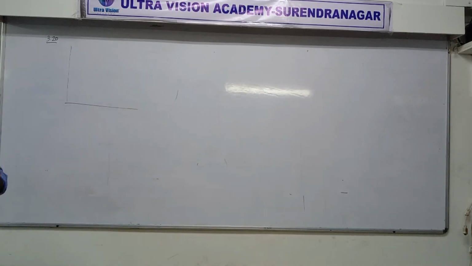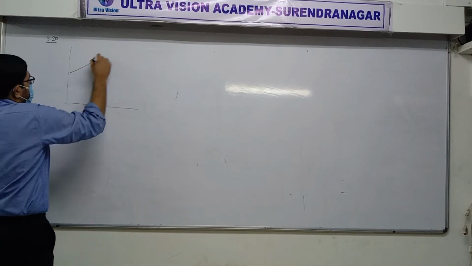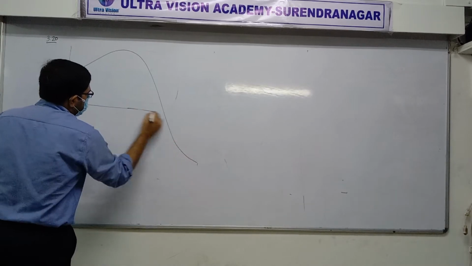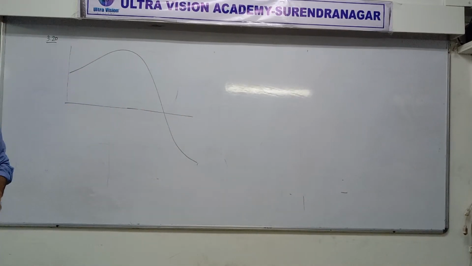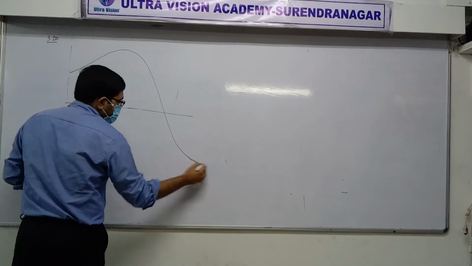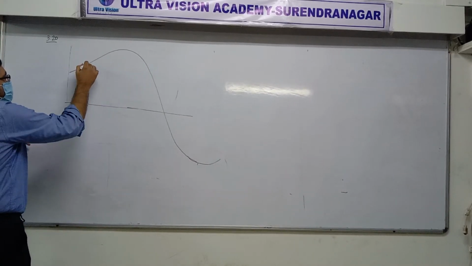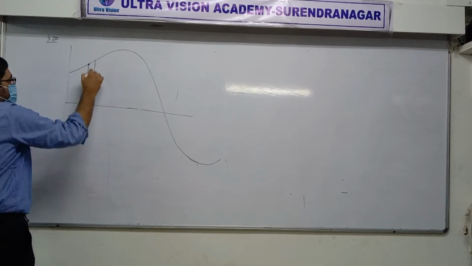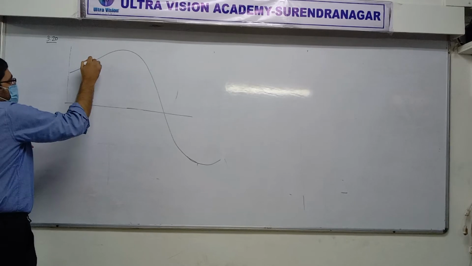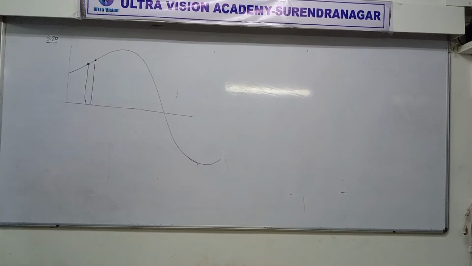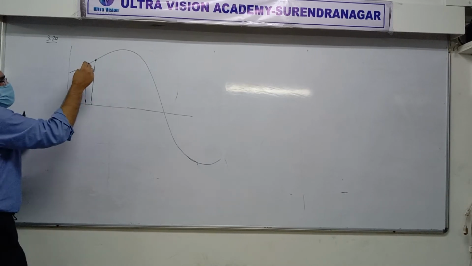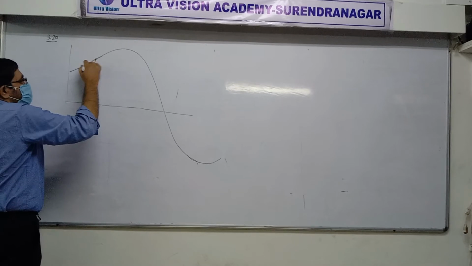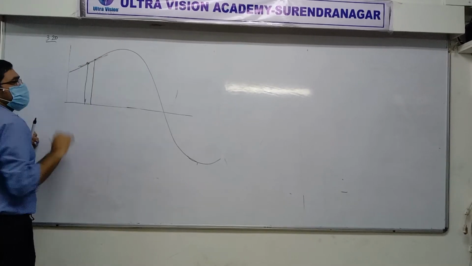Here we have to decide the sign of average velocity only. The graph is a little bit of this kind. Here is the first interval. Between the initial and final point, we have to draw a chord. Roughly speaking, we need not be exact.